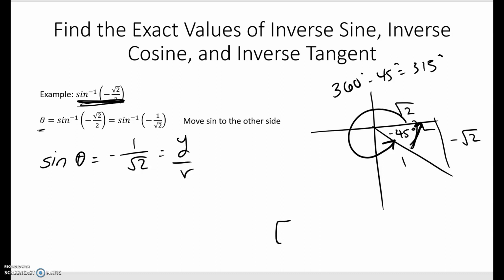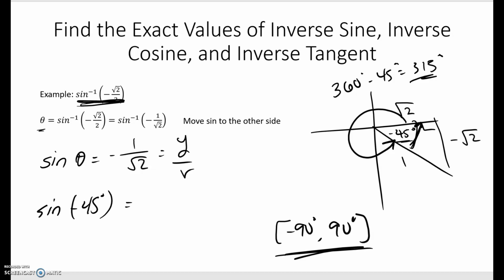Well, this has got to go between negative 90 to 90 because that's the restriction on inverse of sine. Is 315 within this interval? Well, no. Is 45 within this interval? Yes. Okay, so sine of negative 45 degrees is equal to negative 1 over the square root of 2.